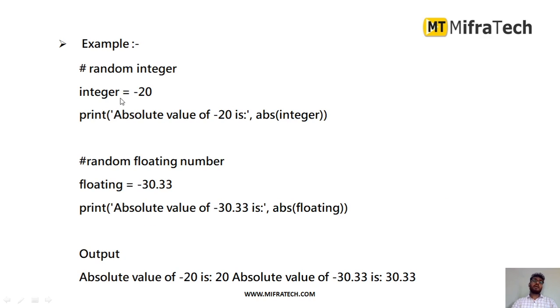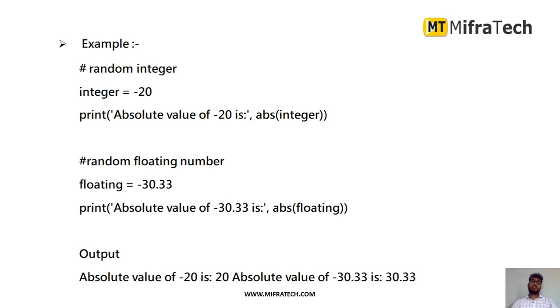As you can see, I have given integer equal to minus 20, so I have stored a negative value in this integer variable. In order to find its absolute value, I am making use of abs of integer. If I execute this command, my final output will be: absolute value of minus 20 is 20. I am not going to get minus 20 as output, but plus 20, because it gives only the absolute value, without any sign.